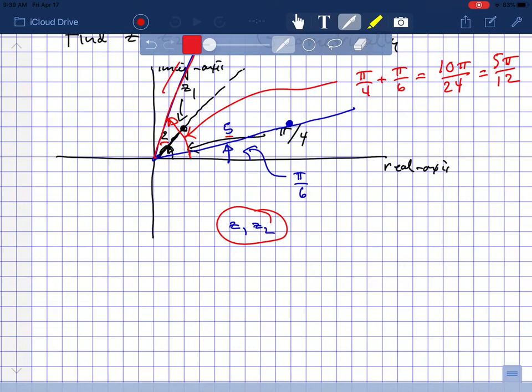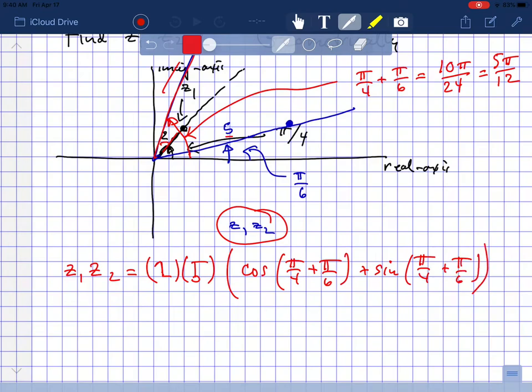All right, let's find it analytically. We know that z sub 1 times z sub 2 is going to equal r sub 1 times r sub 2, where r sub 1 is 2 and r sub 2 is 5. So I'm going to write it this way: 2 times 5 times the cosine of pi over 4 plus pi over 6 plus i times the sine of pi over 4 plus pi over 6.